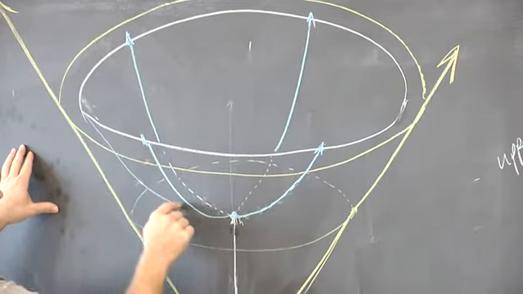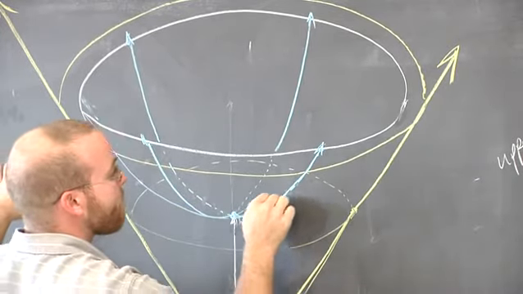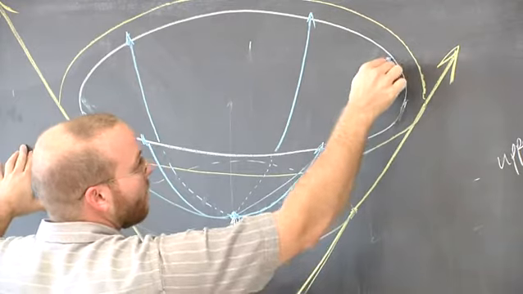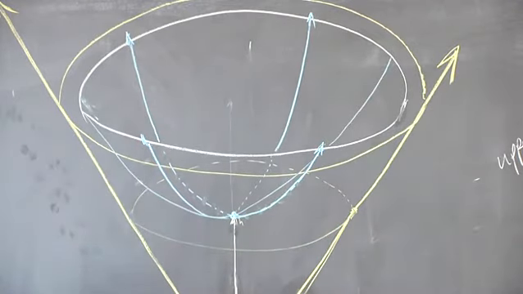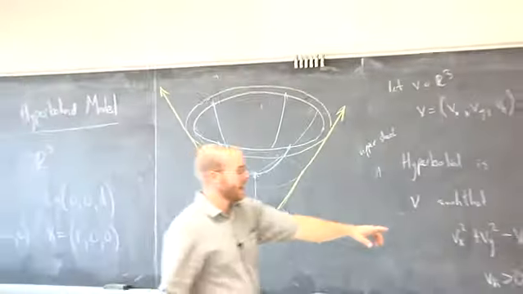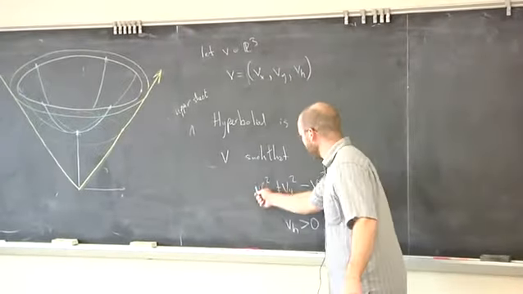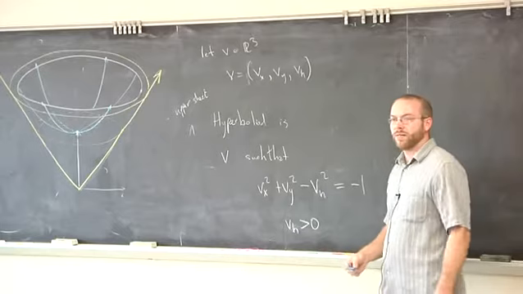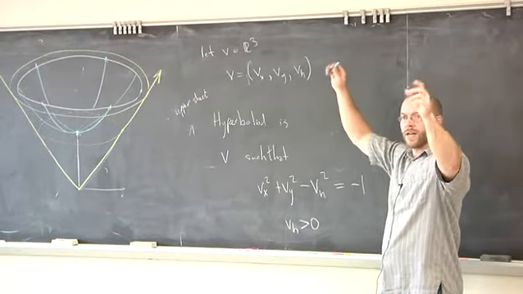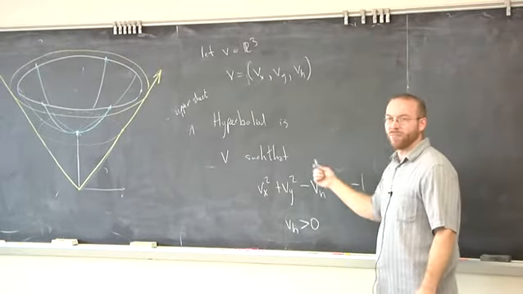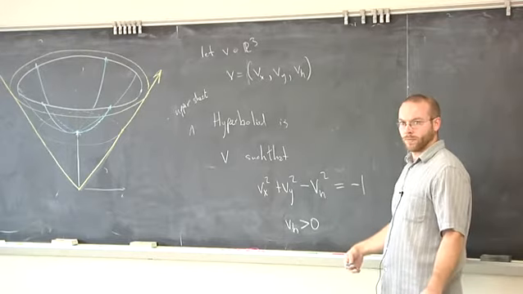Right, something like that. So you see this sort of bowl that we're building? These are all the vectors that, when plugged into this equation, get me -1. And they shoot off, right? The coordinates get bigger and bigger. It's real values. Okay?